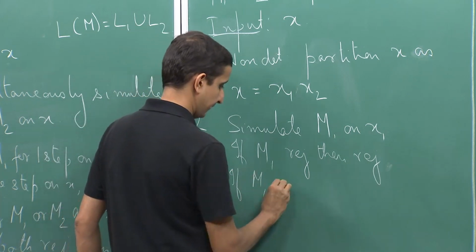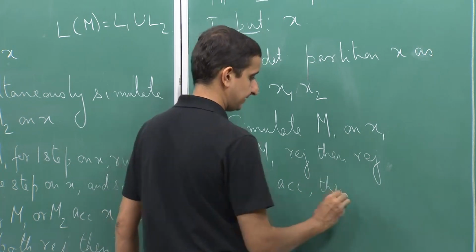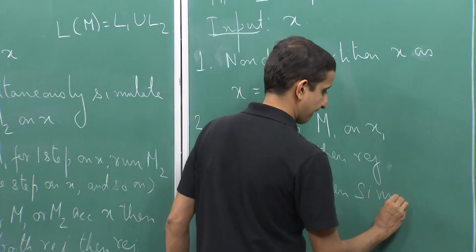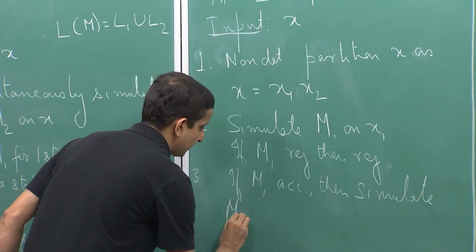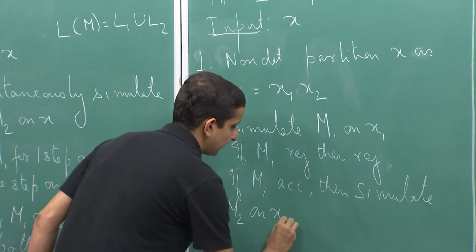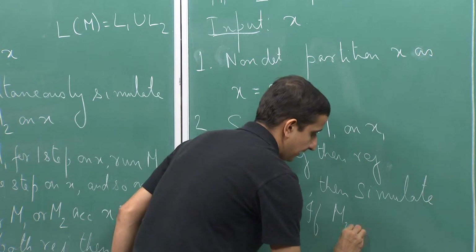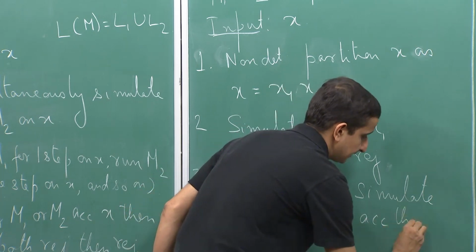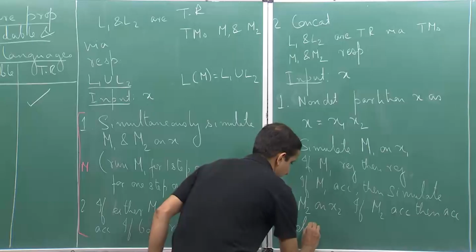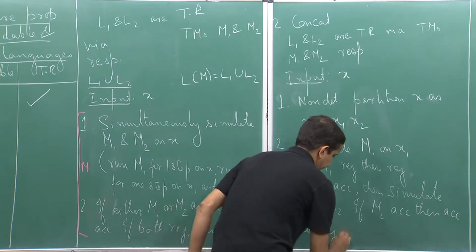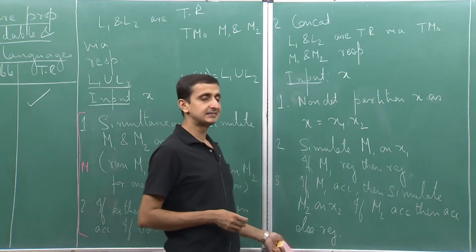If M1 accepts, then simulate M2 on x2. If M2 accepts, then accept, else reject. Okay. So, let us analyze this algorithm.